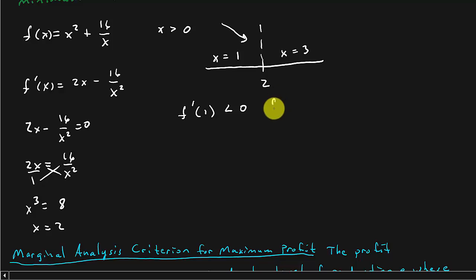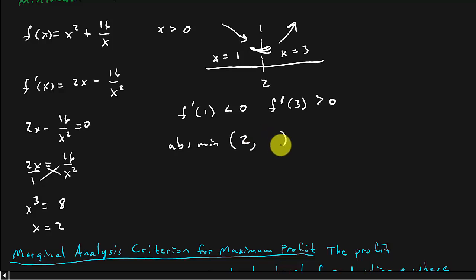And then if I do f prime of 3, I plug the 3 into here. Well, you can verify it, but when you plug the 3 in, you're going to get a positive number. So that's increasing. And so you can see I've got an absolute min at 2, right?